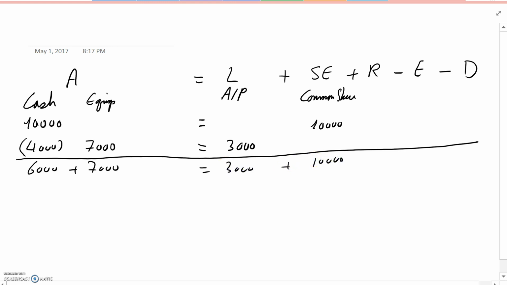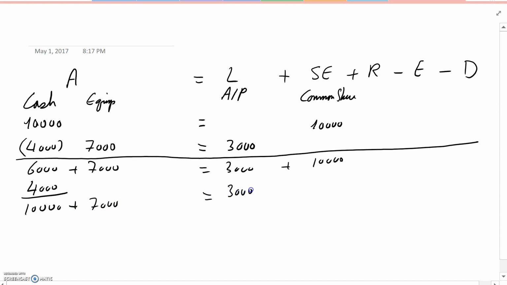Now, let's say that we rendered service to a client, let's say for 5,000. The client paid 4,000 and the rest is going to be paid later. So our assets increased by 4,000 to return back to 10,000 plus 7,000.